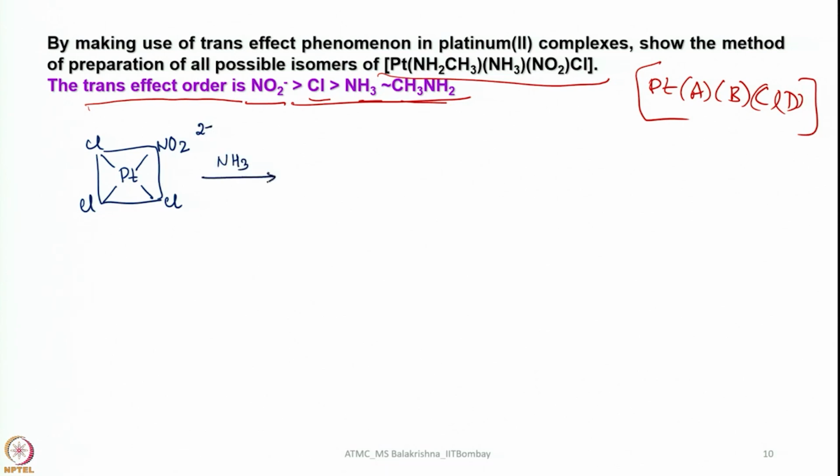When we add ammonia, we should know where it goes, since NO2 is the strongest trans directing group among all. Obviously NO2 labilizes the group trans to itself, meaning this chloride should go; it has no option other than leaving that place. So now we have one negative charge. Now let us add methylamine.